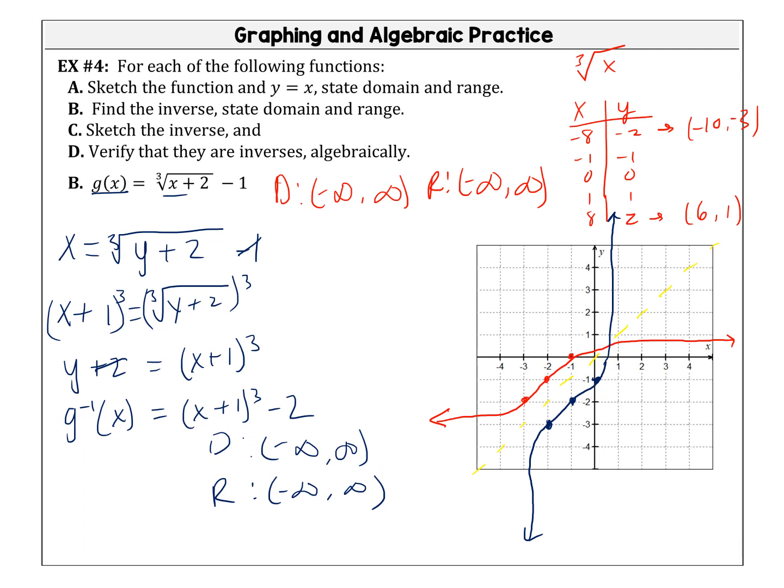Composing them together, the result is going to equal x. So g composed with our inverse is going to equal our inverse composed with g of x, and they're both going to equal x. But again, visually, we can see that they are inverses because they are reflections over the y = x line. And they are both one-to-one functions, so they are actual functions and not just relations. All right, that's it.